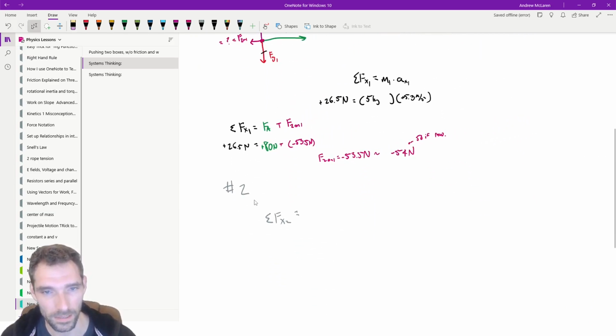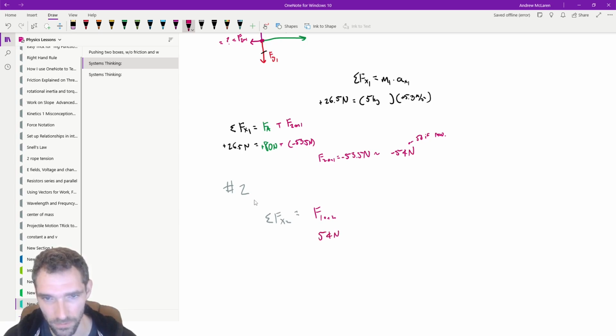So if we're talking about this, now the only force is 1 on 2. We had said that this is going to be now a positive 54 newtons, meaning that our sum of forces in the x direction for box 2 is positive 54 newtons.